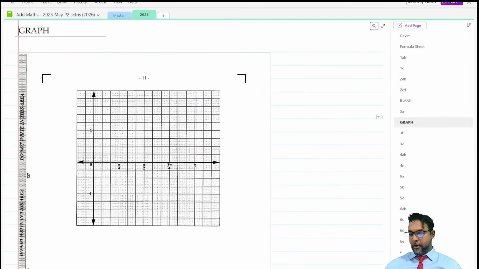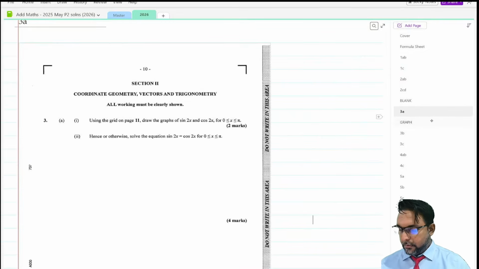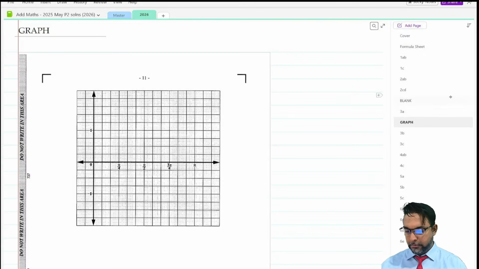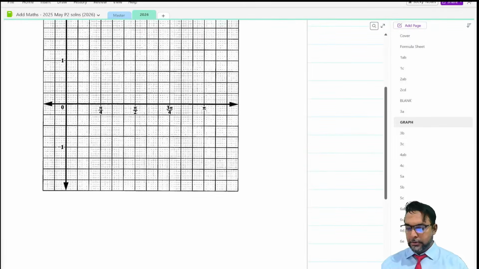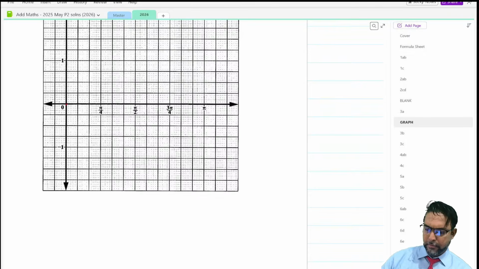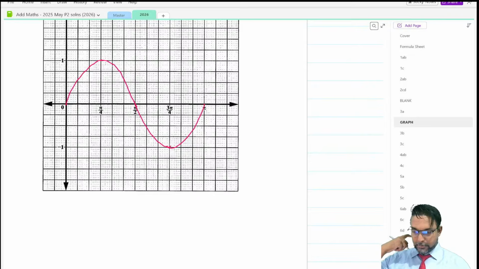Okay, so for the graph now, sine would bottom out there, come back. So that was quite nice of them to give us those values.